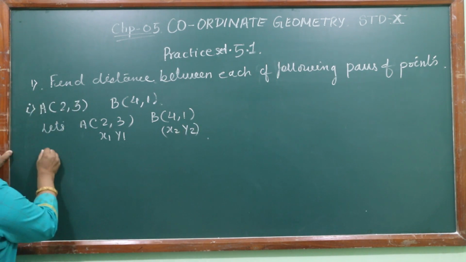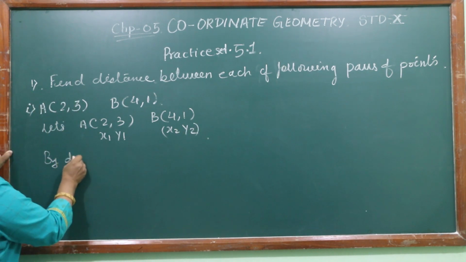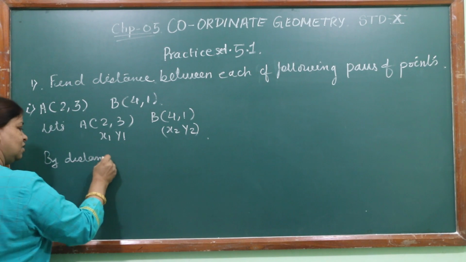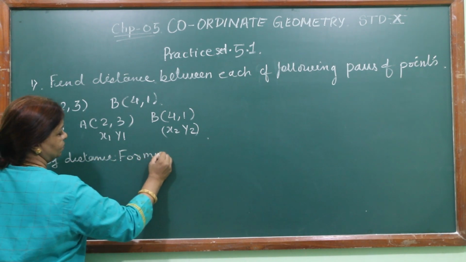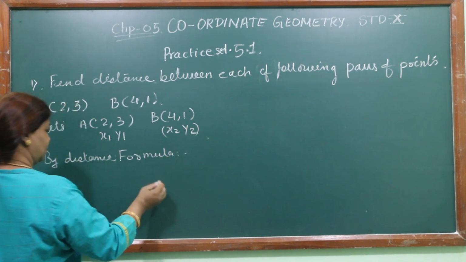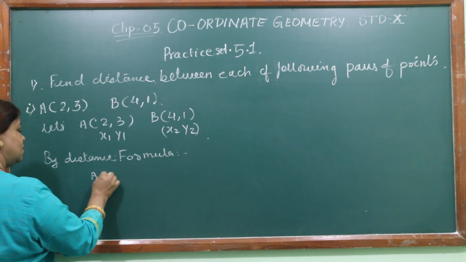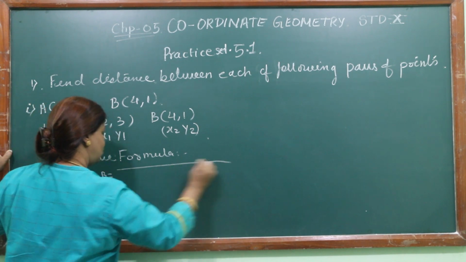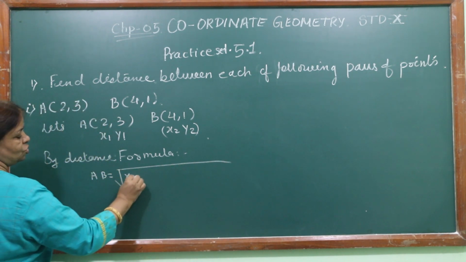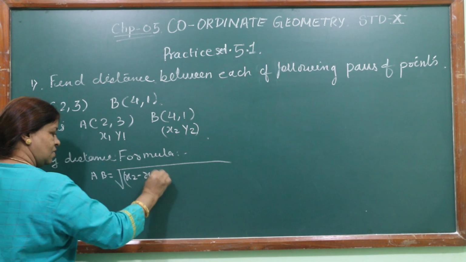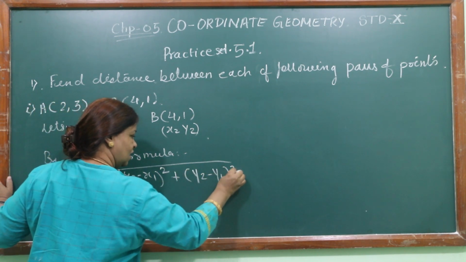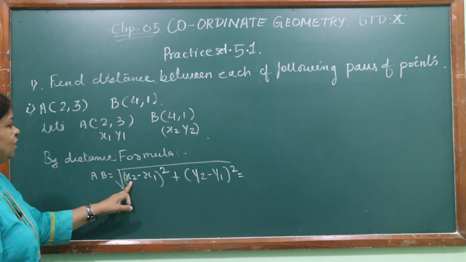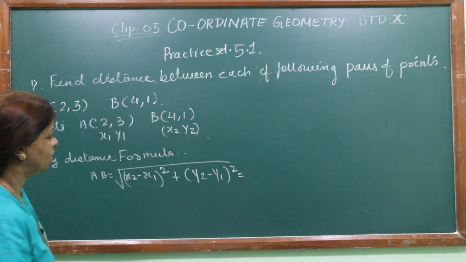So by distance formula, children, by now you know distance formula. By distance formula, AB is equal to under the root x2 minus x1 the whole square plus y2 minus y1 the whole square. What is x2? x2 is 4.